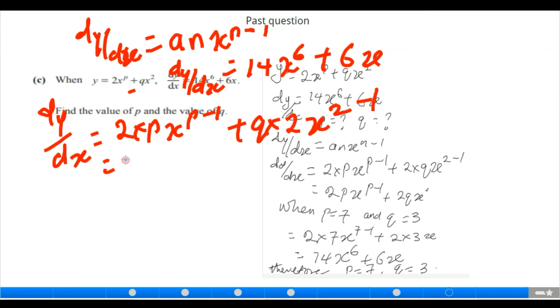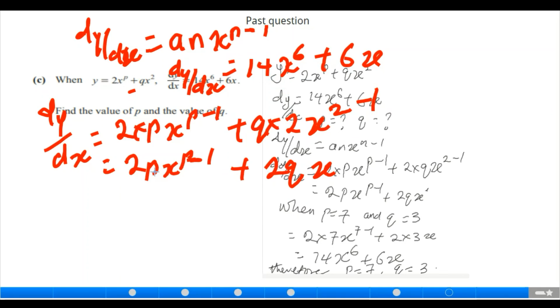So having that is going to be 2p x^(p-1) plus 2q x, since 2 minus 1 is 1. Now what we need to look at is our solution, 14x^6 plus 6x. What is the value that, when you multiply by 2, will give us 14? And what is the value that, when you multiply by 2, will give us 6 here?